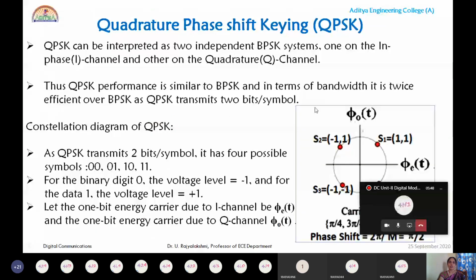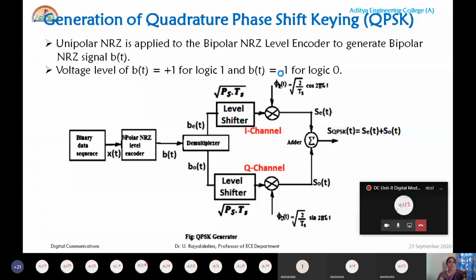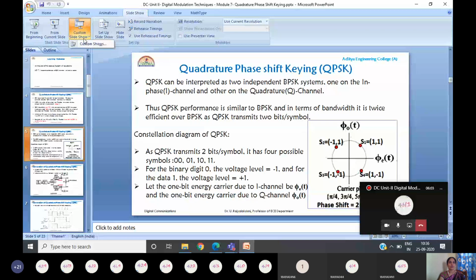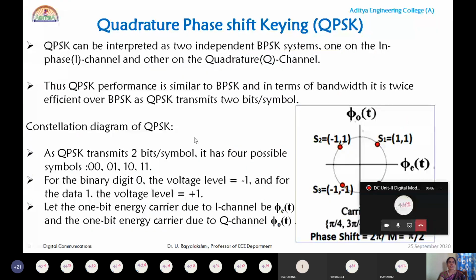So 4 possible combinations of signals are available, and as I already said, we can interpret QPSK as 2 independent BPSK systems. You can take 2 BPSK systems, one in the in-phase channel and the other in the quadrature channel, and construct our QPSK system.